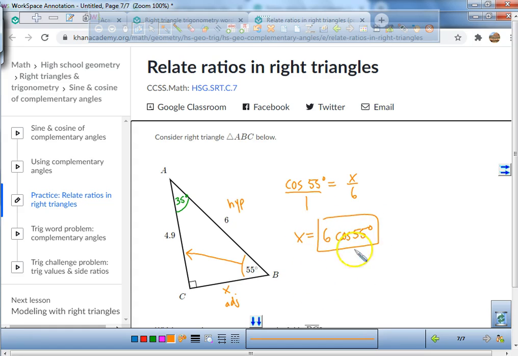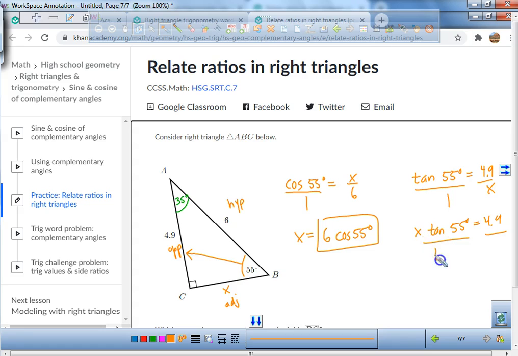Another way you could do it is you could do the tangent of 55 degrees, because this is my opposite side in relationship to my adjacent side. So I could do the tangent of 55 equals 4.9 over x. But when I cross multiply, I get x times the tangent of 55 degrees equals 4.9.